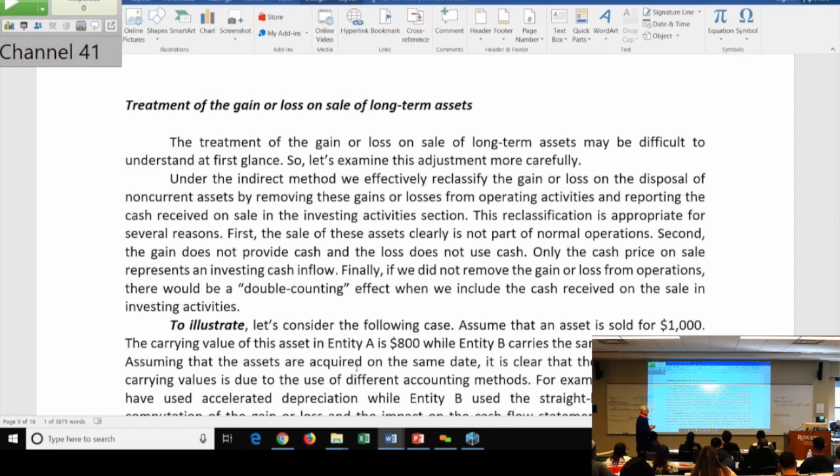The other reason is that the gain or loss does not provide any cash. It's really the selling price that does. So for example, and I'll show you another illustration in a second, if the selling price is $6,000 and the net book value or carrying value is $5,000, that's the gain.